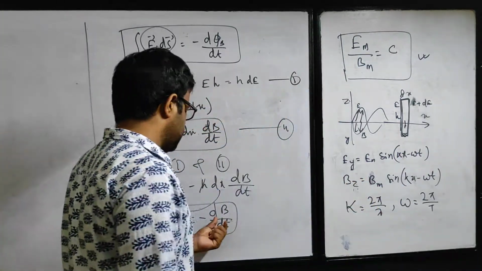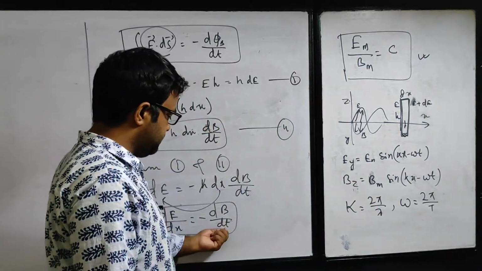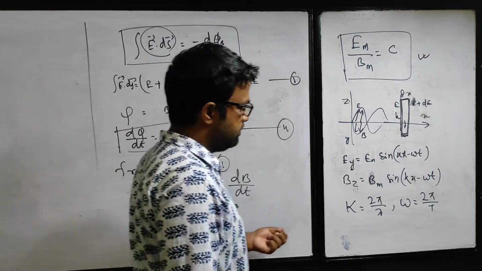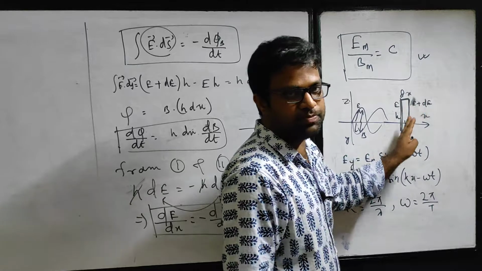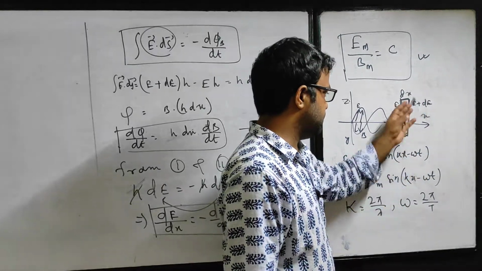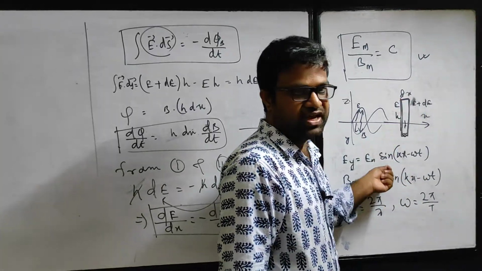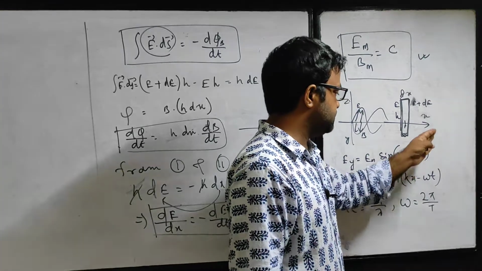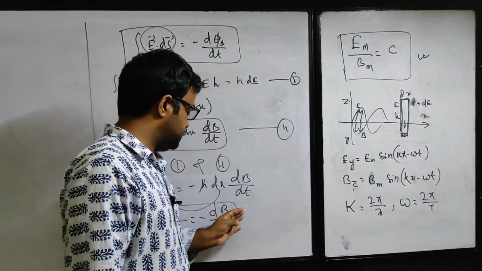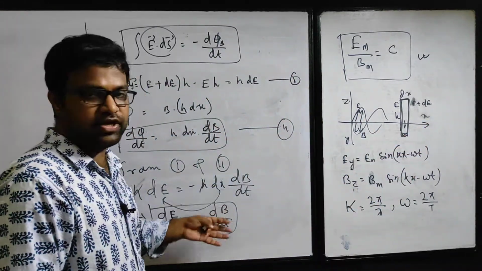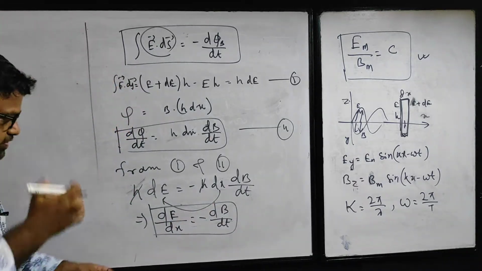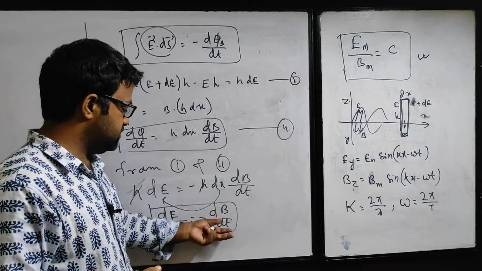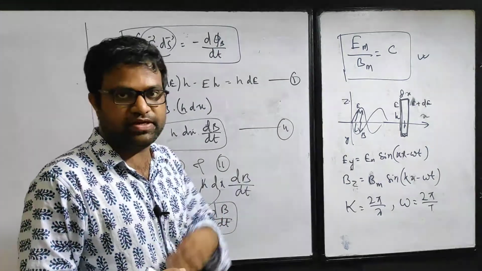And for B we are finding out with respect to time, and X will be fixed for B. The change will be less for this X, but with respect to time you will get the magnetic field.